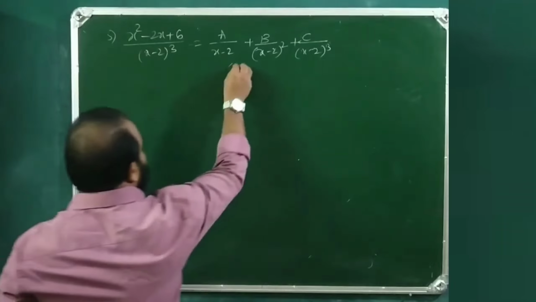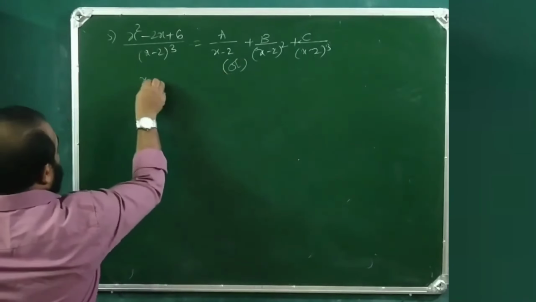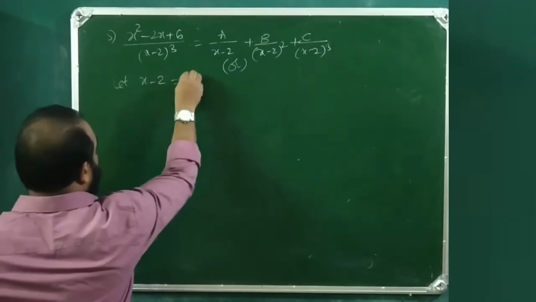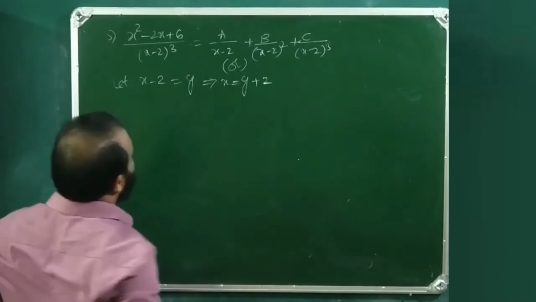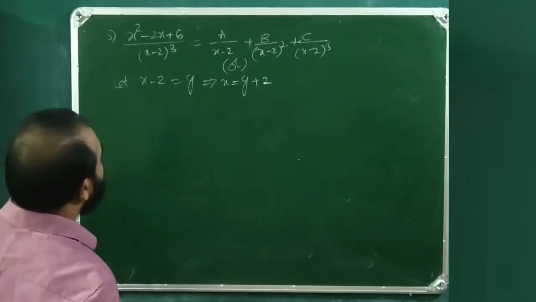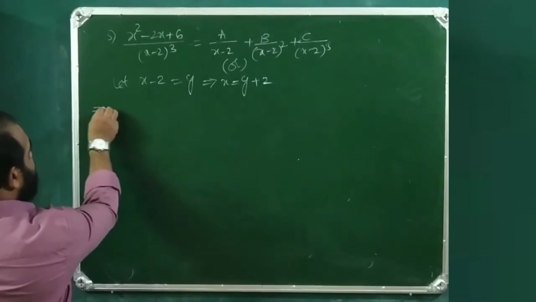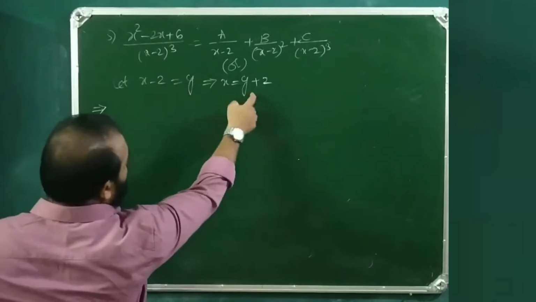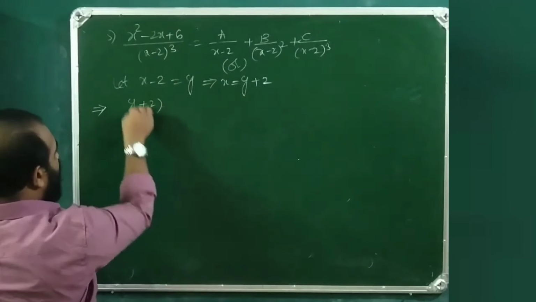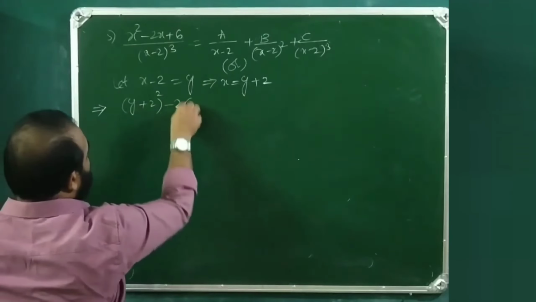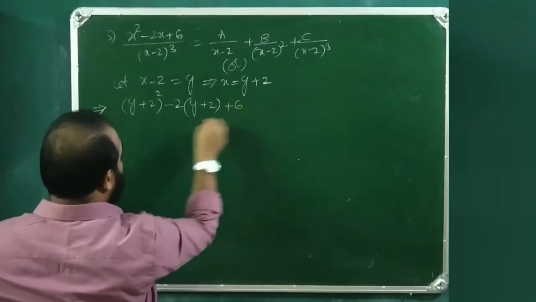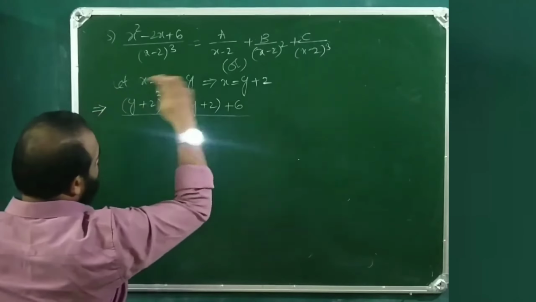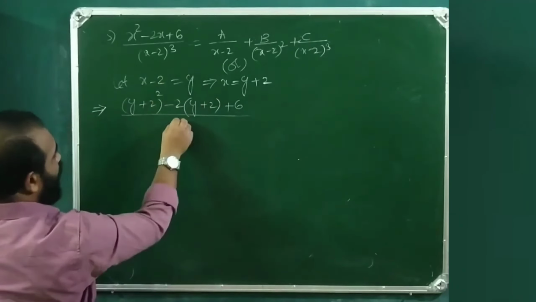So let x minus 2 equals y, so x equals y plus 2. This implies we get y plus 2 whole square minus 2 into y plus 2 plus 6 by x minus 2, which is y whole cube.